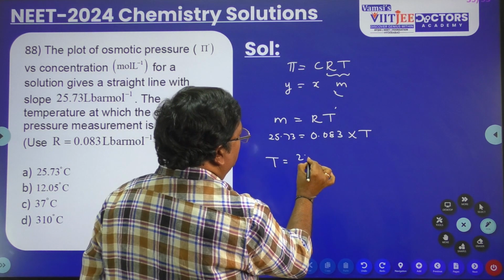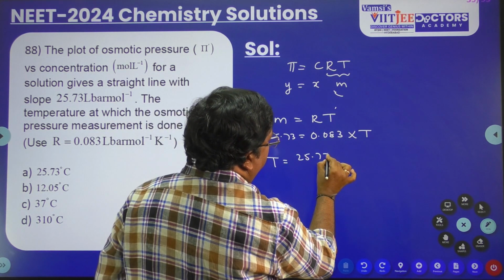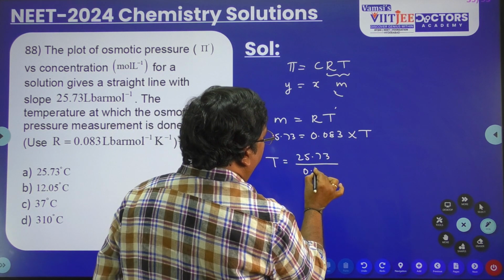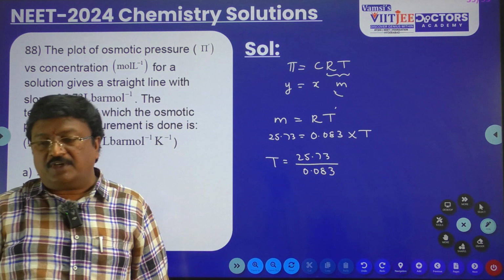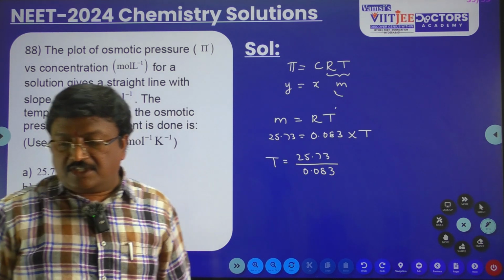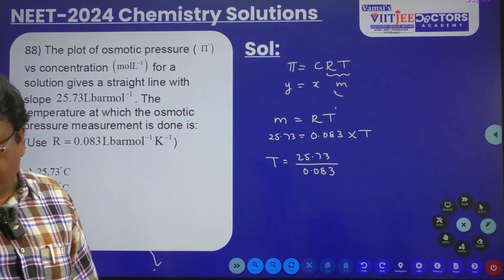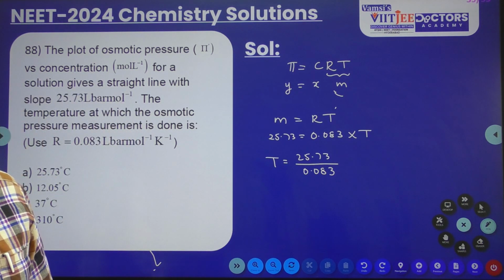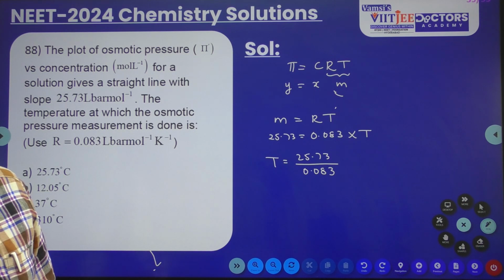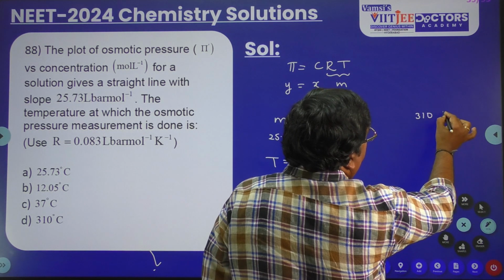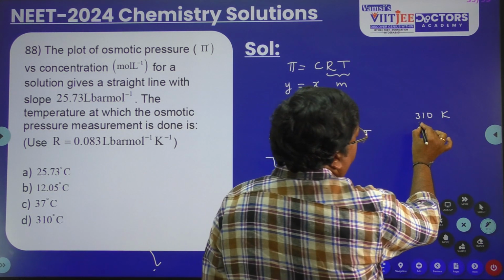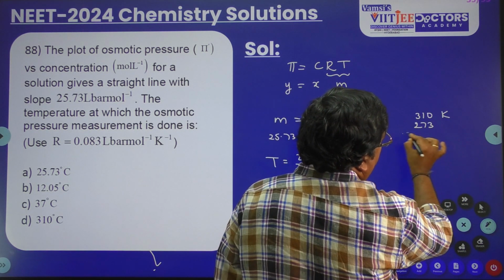T equal to 25.73 by 0.083. So this value we can take as 310 Kelvin. From this, we have to subtract 273.